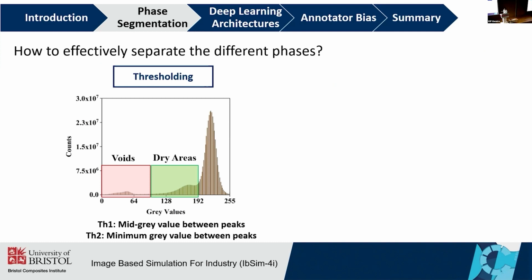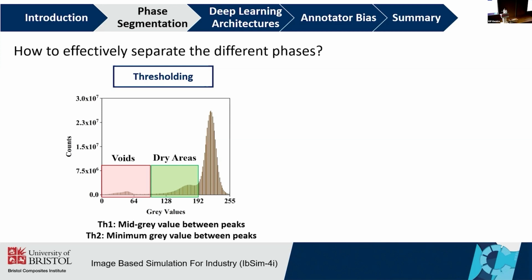Here in the histogram, we can see where the peaks corresponding to each phase are. So here we have the peak corresponding to the gray values of the voids, the gray values of the dry areas, and also the resin impregnated areas or the resin matrix. One approach, if you're familiar, is similar to the ISO 50.